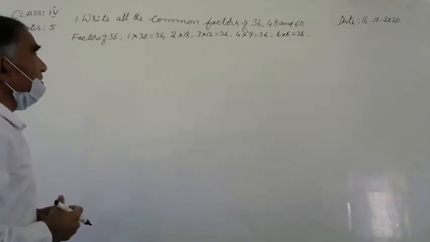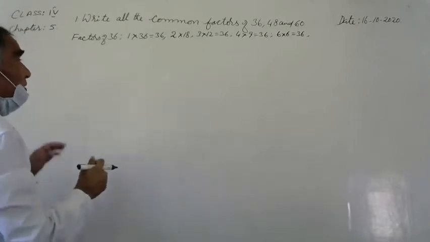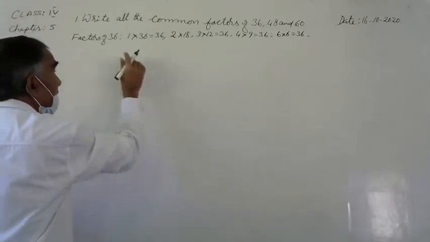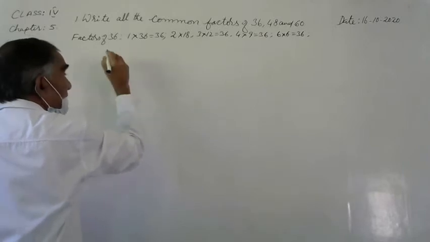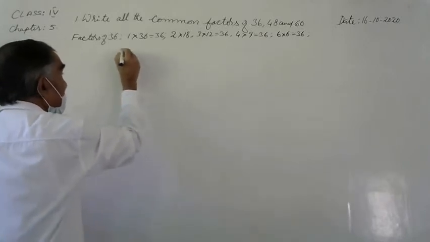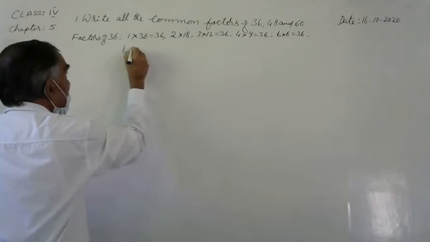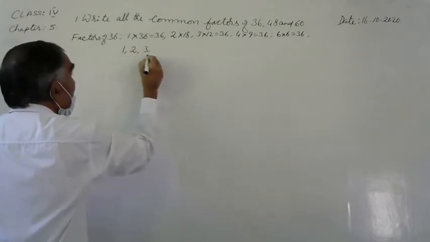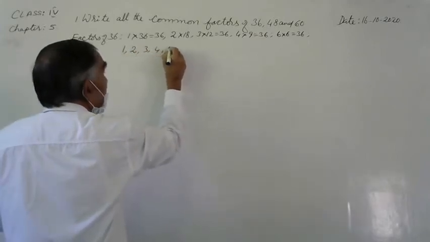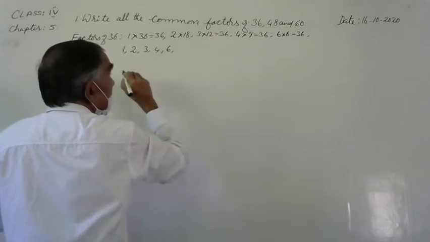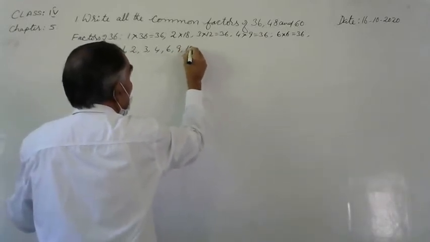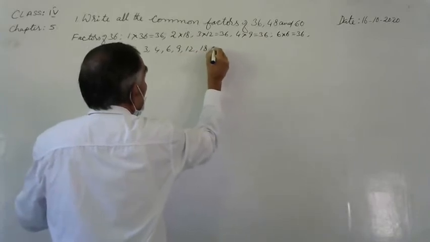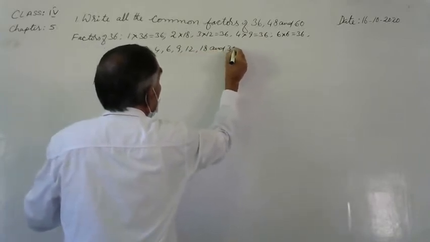These are the factors. If you list all these factors in order, you need not write like this. Here I am writing them in order: 1, 2, 3, 4, 6, 9, 12, 18, and 36.